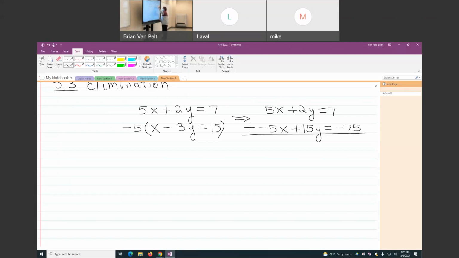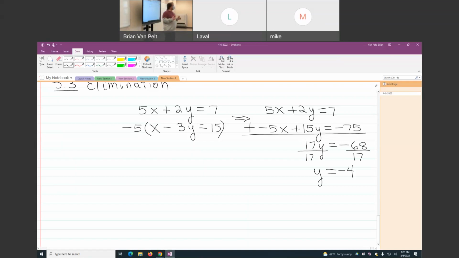What is 2y plus 15y? 17y. 7 plus -75 is -68. Then to get the y value, what do I do? Divide by 17. So y, as we know by now, is -4, isn't it?